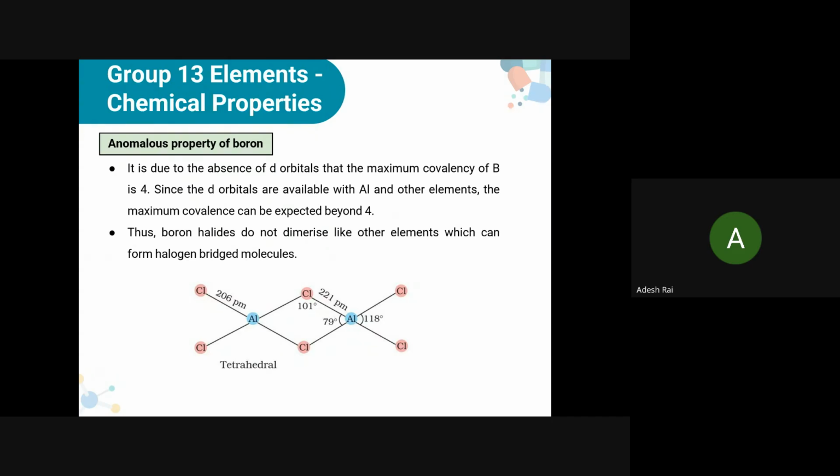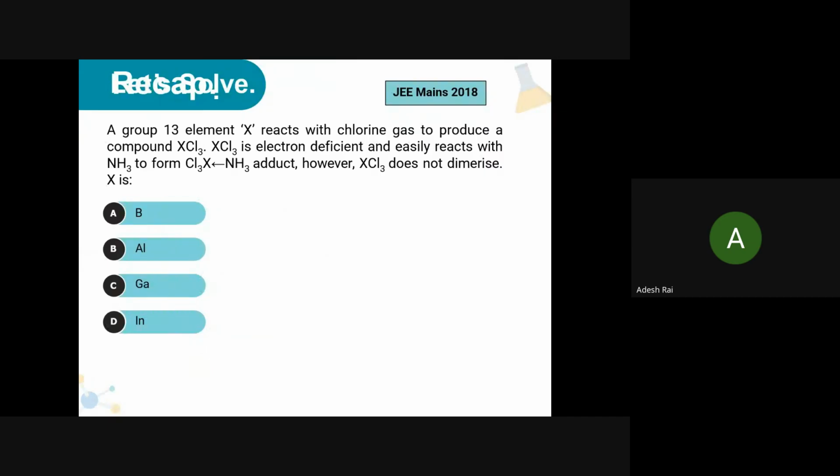Also, the size of boron is very small, and the size of the side atoms like halogens is very large. So bridging becomes difficult, and dimerization becomes difficult. So these are the reasons why boron family trihalides will not undergo dimerization. Is that clear? It comes under the anomalous properties of boron.